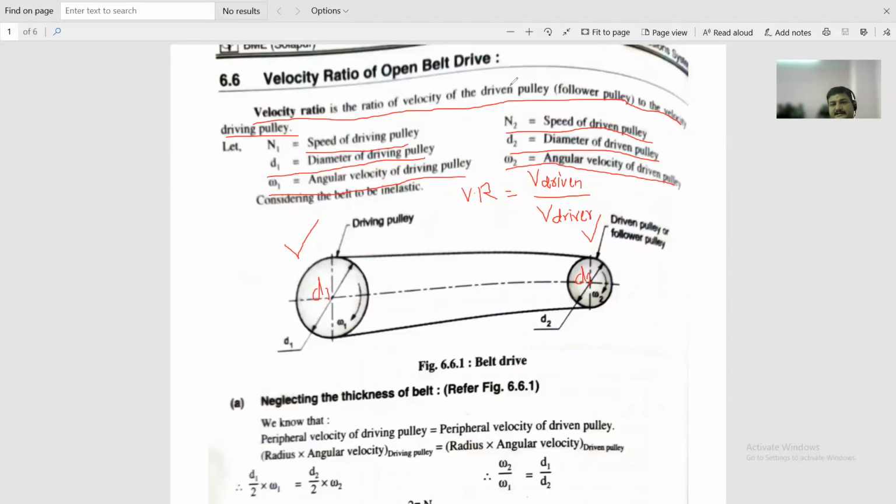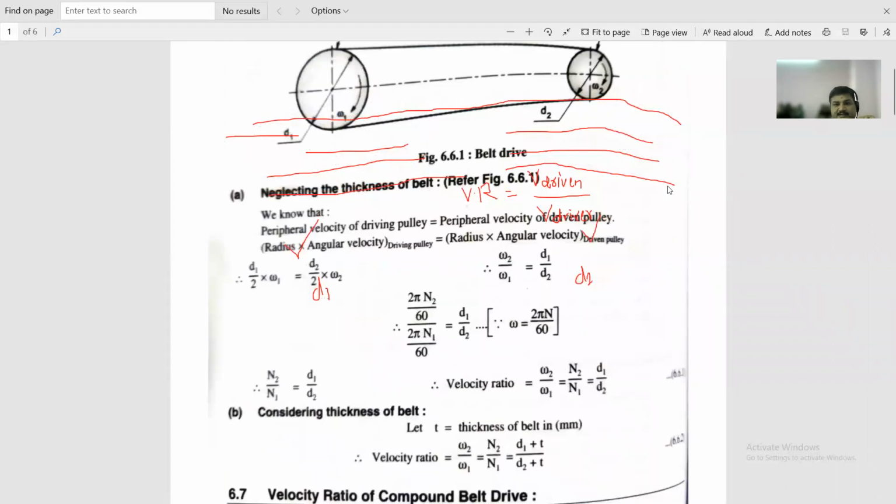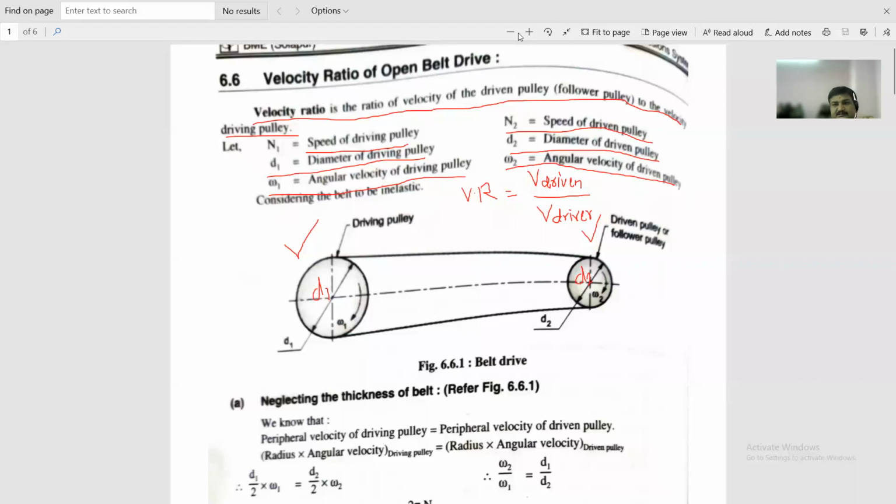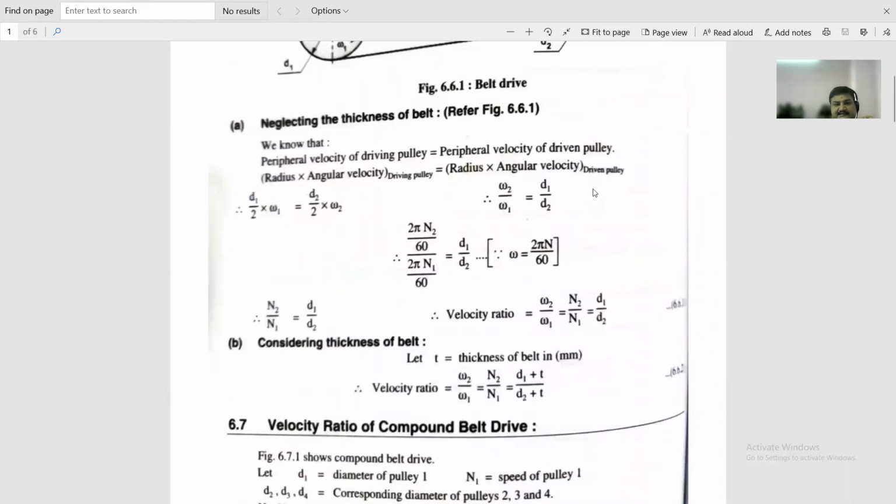Now here there are two cases. Let us see. The first case is neglecting the thickness of belt. Whether belt is having thickness?